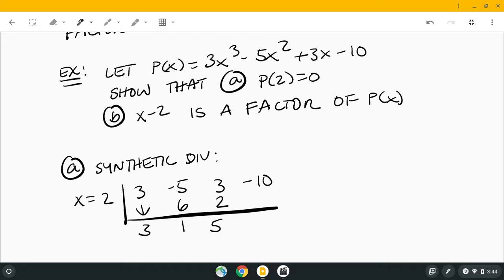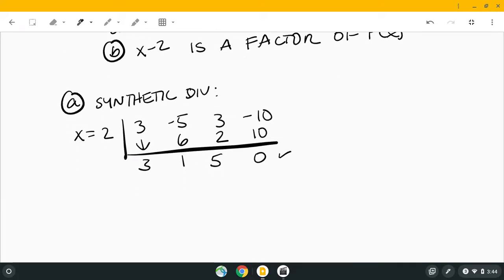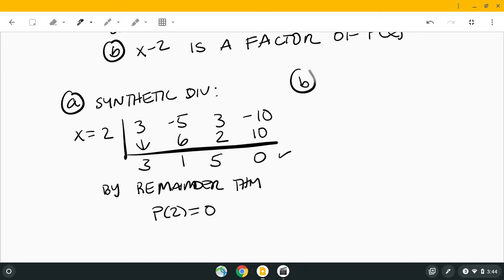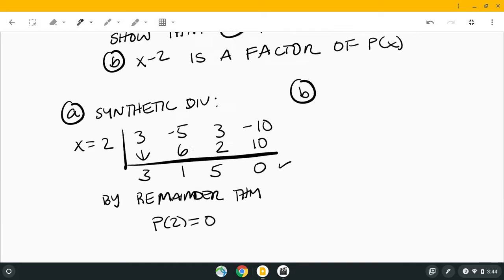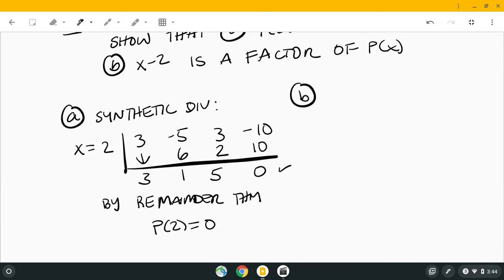We get 5. 5 times 2 is 10. We get 0. So by the remainder theorem, p of 2 equals 0. Now for part B, show that x minus 2 is a factor of p of x.